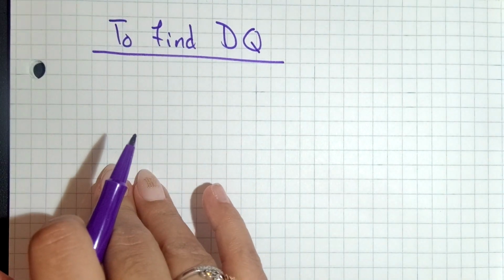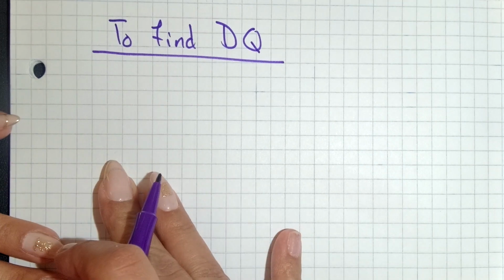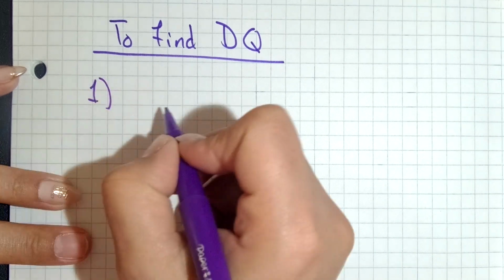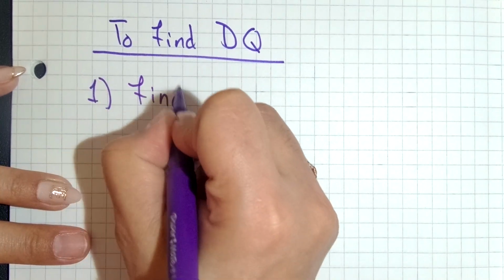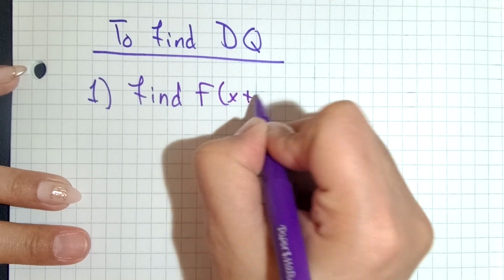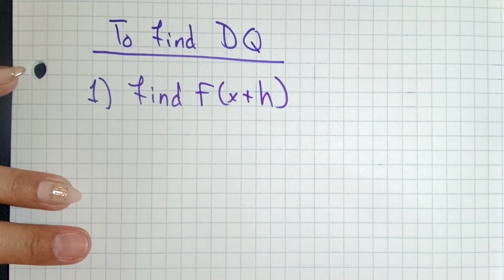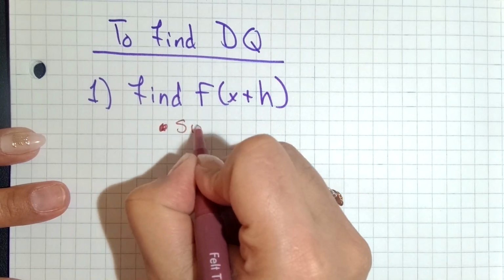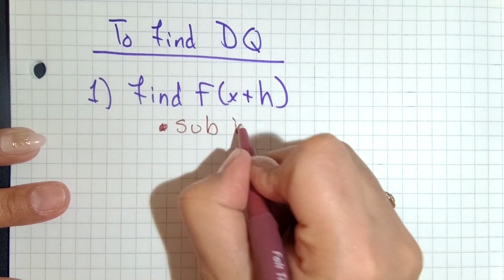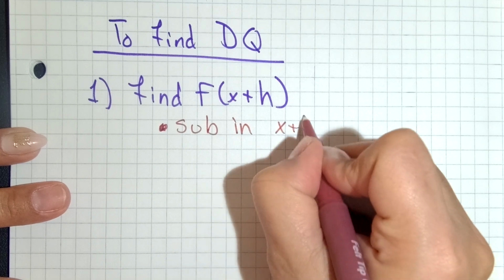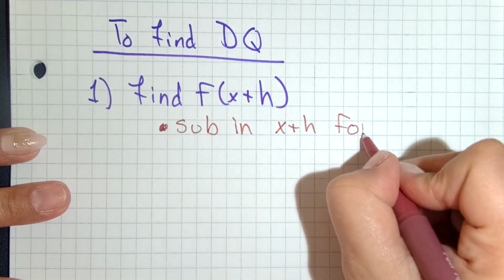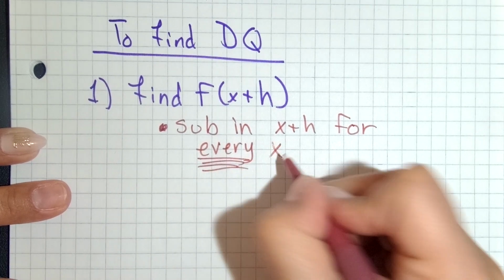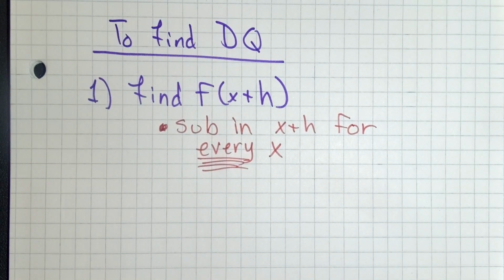I know these steps may not make sense right now, but once we do the problems, you'll understand it, hopefully. So your first step is to find f of x plus h. What does that mean, Miss Santana? What that means is you're going to substitute in x plus h for every x. Every x.